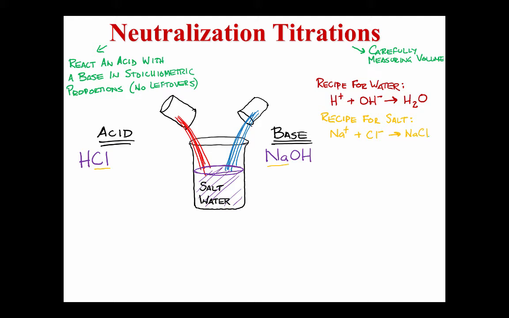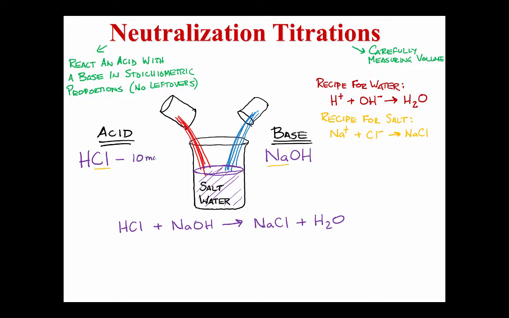Now, we'll combine these two processes in the chemical equation. Hydrochloric acid reacts with sodium hydroxide to form sodium chloride and water. And this is a neutralization reaction. Let's talk numbers now.